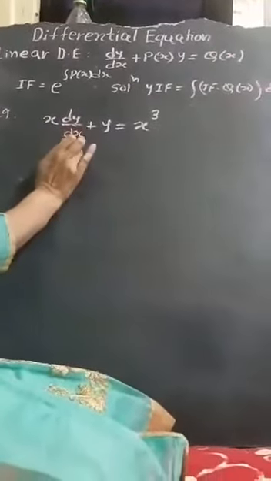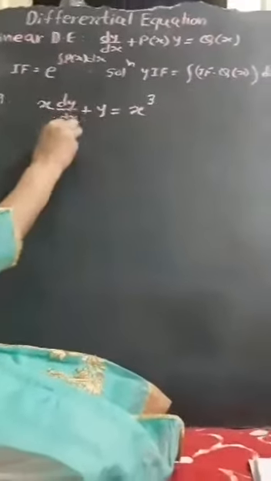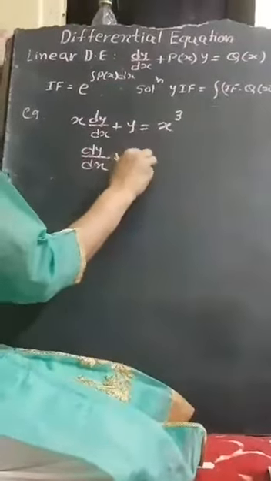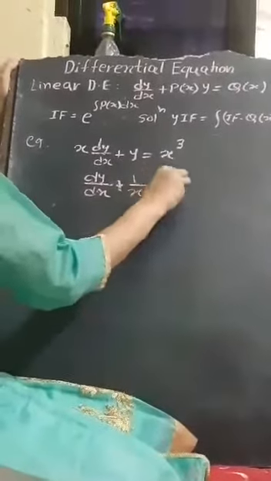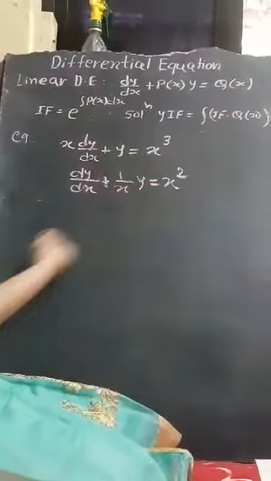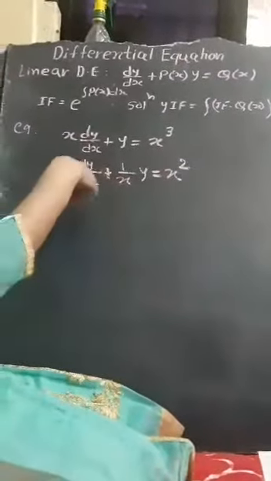So what we have to do is divide this equation by x. I will get dy by dx plus 1 upon x into y equal to, if I divide x cube by x, I will get x square. Agree? So now it is similar to dy by dx plus pxy equal to qx.